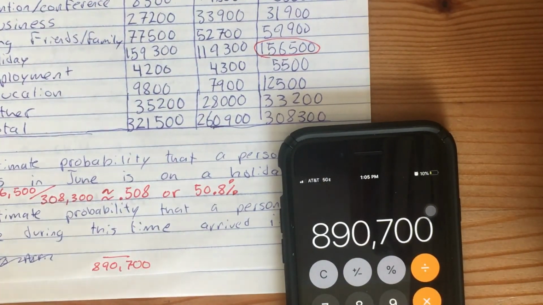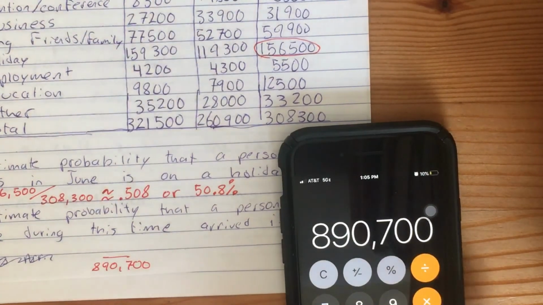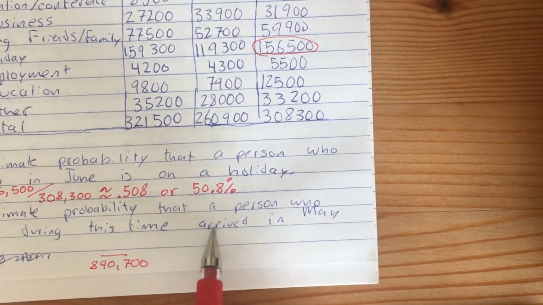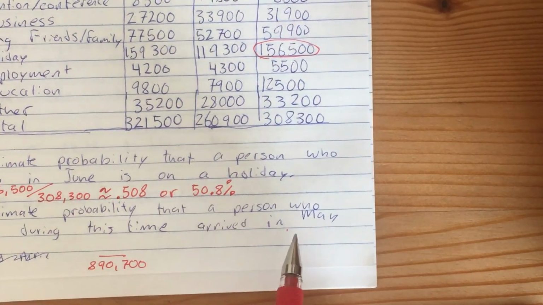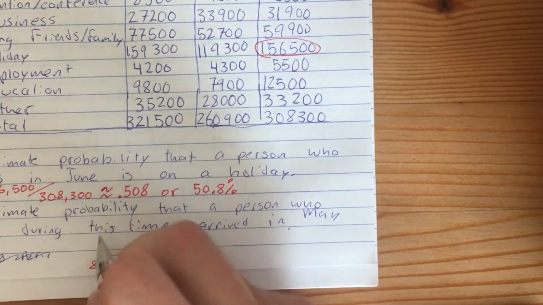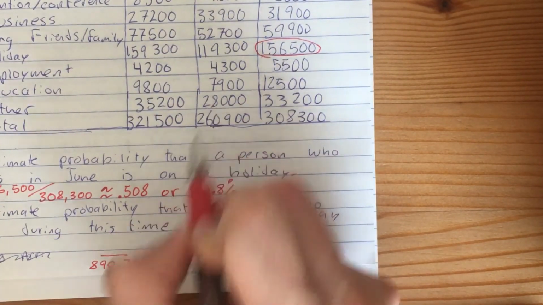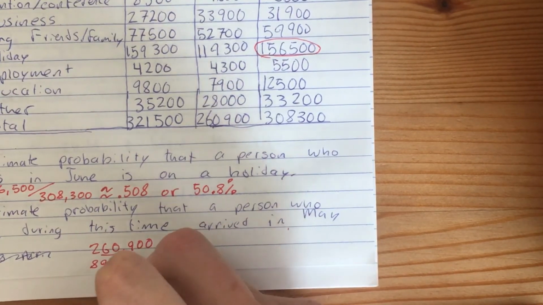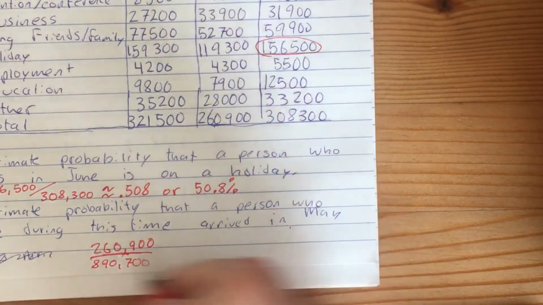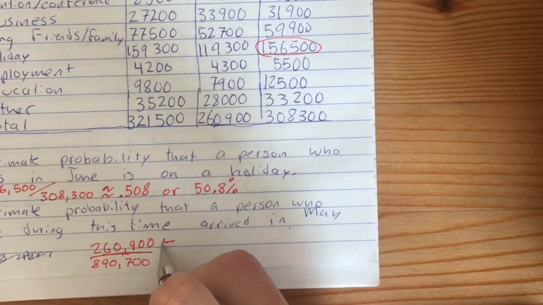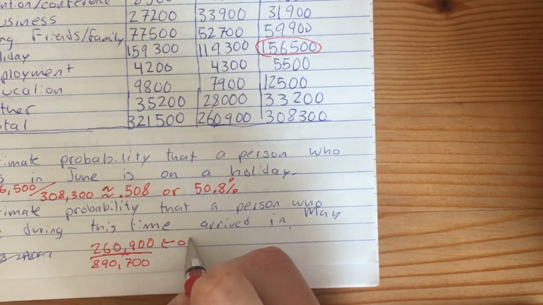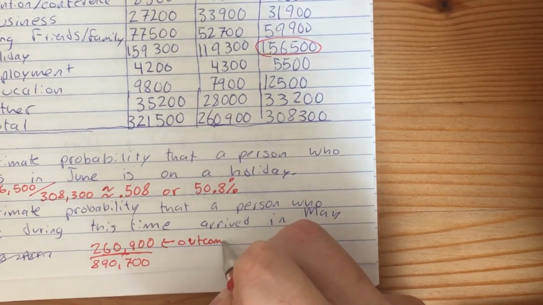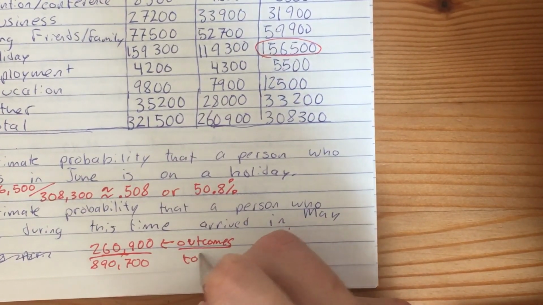And then the numerator, excuse me. We're trying to find the probability the person arrived in May, so the numerator is just however many people arrived in May, the total for May. A simple way to think about this is that we're just using our outcomes over our total.